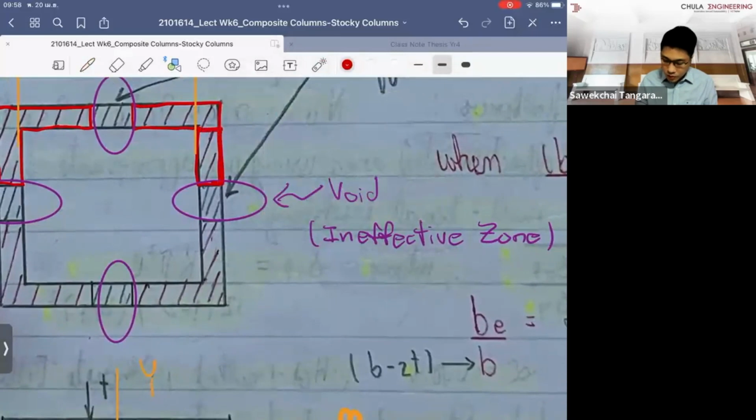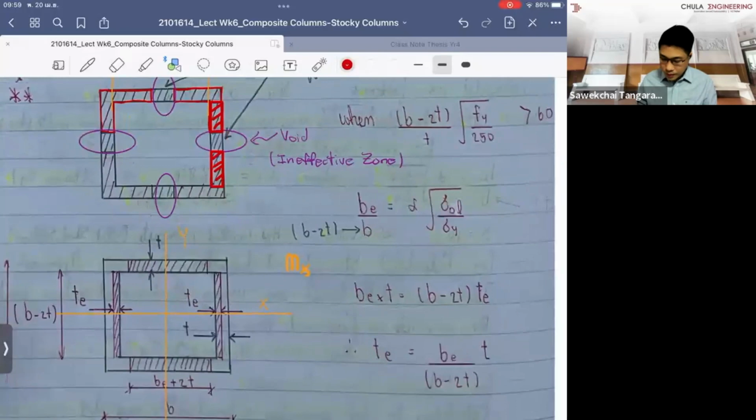So you know the total area of the effective zones, right? And how can you find the total area of this? It's this one here.